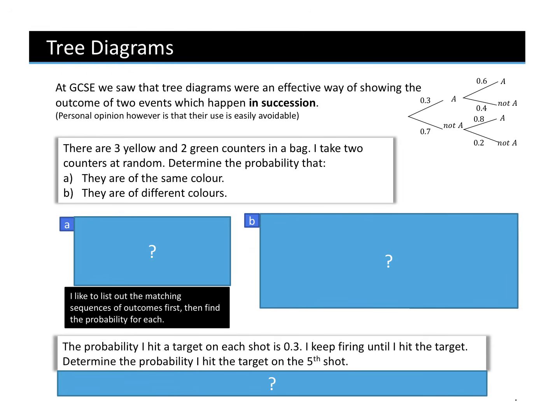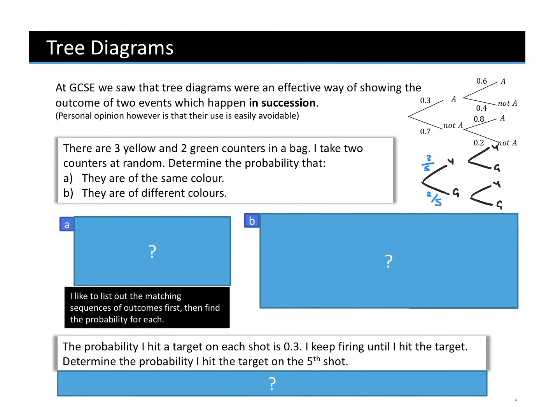So when you're drawing your tree diagram, and you have your yellow and your green, then you're going to have yellow or green, aren't you? If you think about it, the total of yellow are 3 out of 5. So the total of green are 2 out of 5.